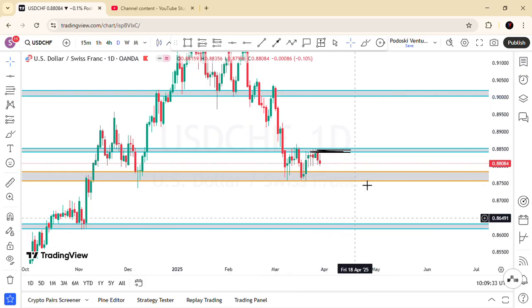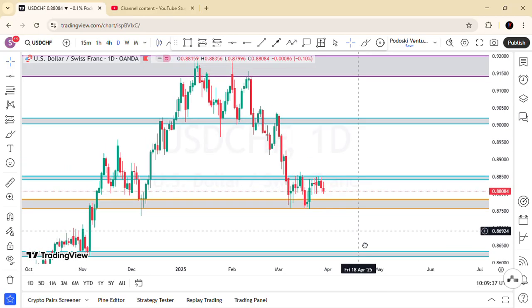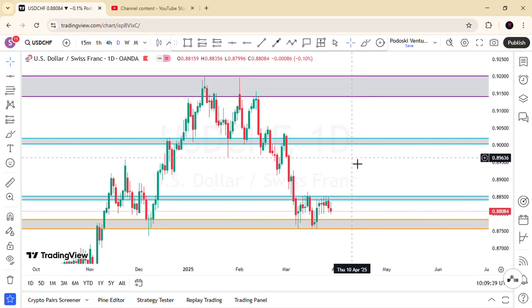Will price break the? So okay, if we are saying price is in a downtrend on the monthly time frame, you should be expecting a formation of lower highs and lower lows, lower highs and lower lows, and price is actually doing that on the daily time frame.